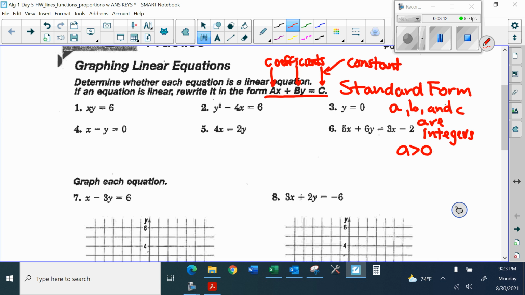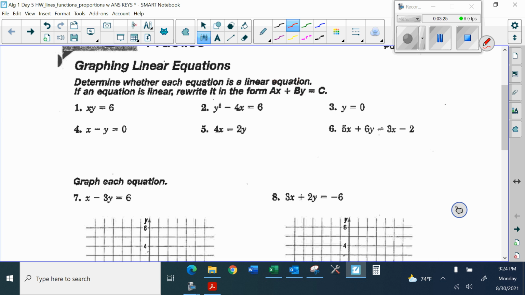Okay, so now how do I determine from looking at an equation whether it is going to graph into a line or not? So I'm erasing this so you can pause it if you need to or rewind it. I look at the x and y exponents. So again, you should know what an exponent is. The number up top there, it's called the exponent.